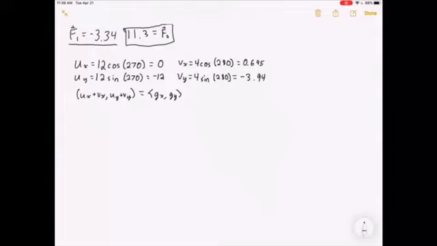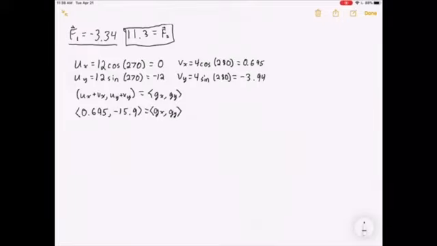We're going to put all that in a calculator, and you get 0.0695, negative 15.9. So that's equal to Gx, Gy. Now we need to find, because the answer wants G in the resultant.